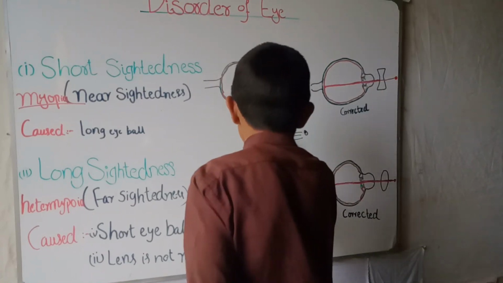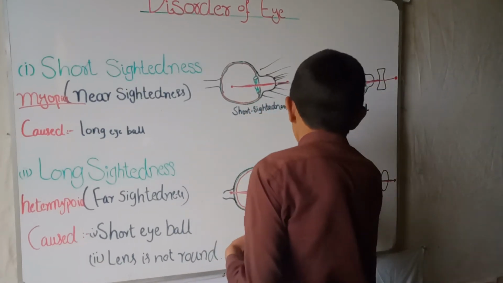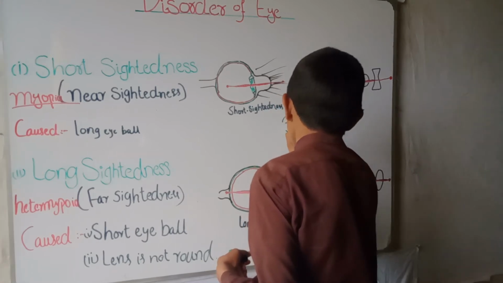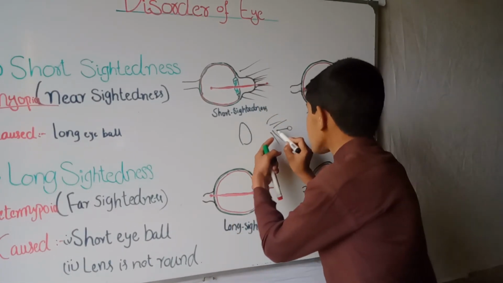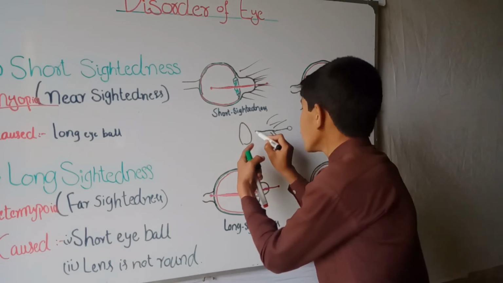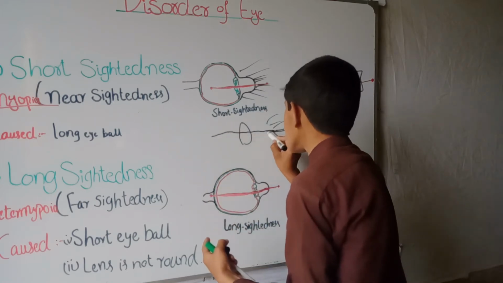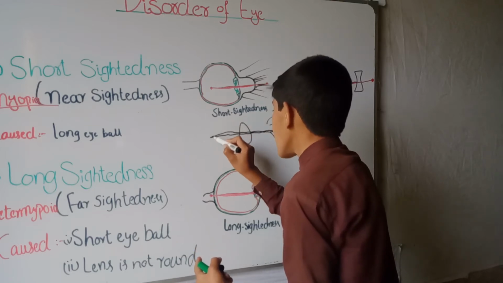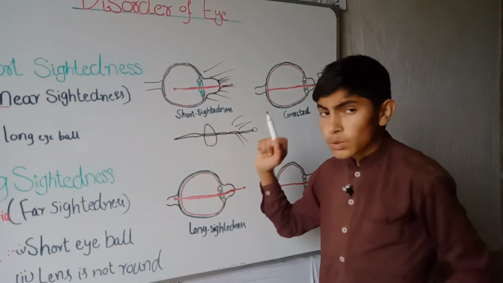Like I am making here, this is the light ray coming. These are the eyeballs and this is the lens. When it is coming, the eyeball also converges the light ray a little, and when it passes through the lens, it is completely converged like this, to this point, and it is not able to diverge after passing through the convex lens.